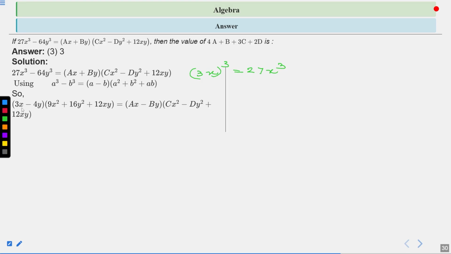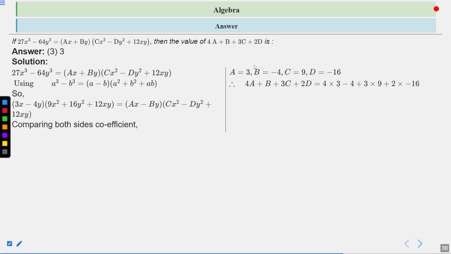So we can write (3x − 4y) into (9x² + 16y² + 12xy), which is equal to (ax − by) multiplying by (cx² − dy² + 12xy). Comparing the coefficients on both sides, we get the value of a is 3, the value of b is −4, the value of c is 9, and the value of d is −16.